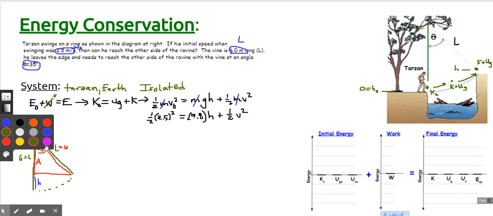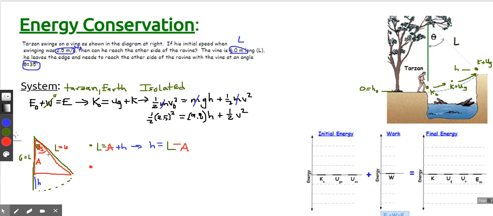So I think we could say this length L along the side here is equal to the adjacent side of this little triangle, A, plus H. From there we can say, well, H is just going to be equal to L minus A. So let's go solve for that adjacent side here real quick.